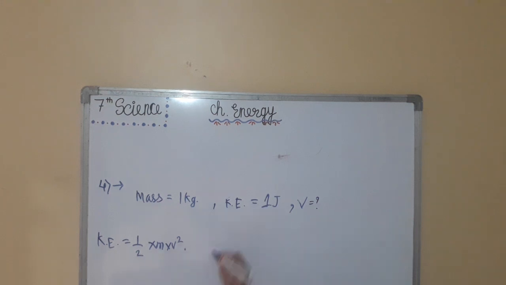So, kinetic energy is equal to 1, half into mass is also 1, and we don't know velocity, so velocity square as it is. 1 is equal to 1 ones are 1 upon 2 as it is, and v square.